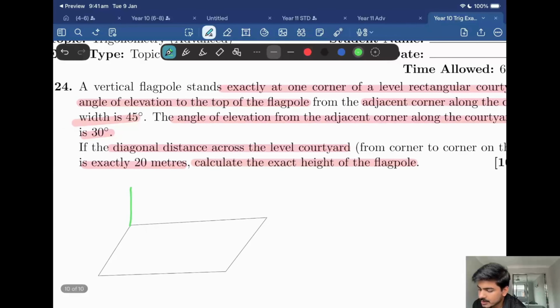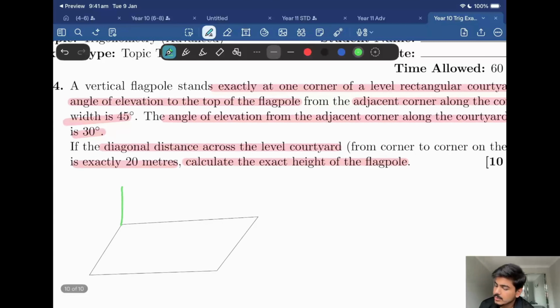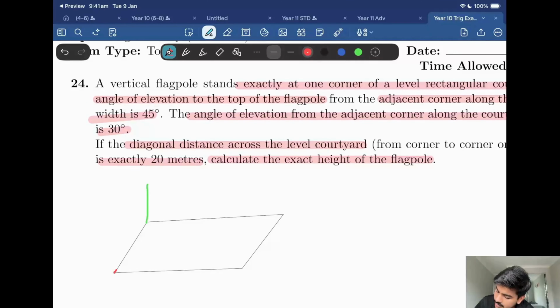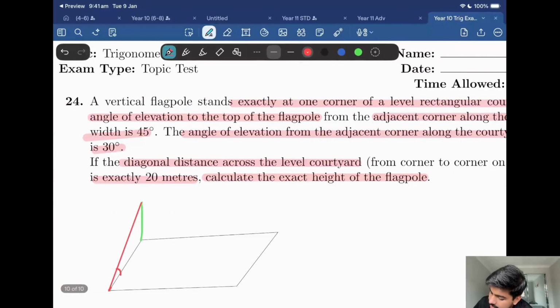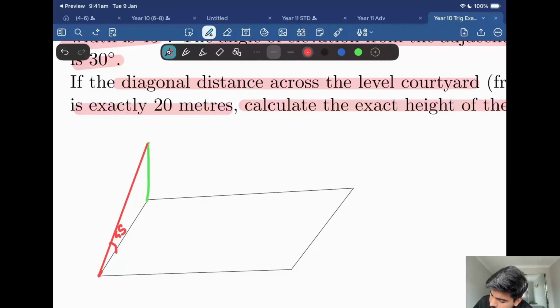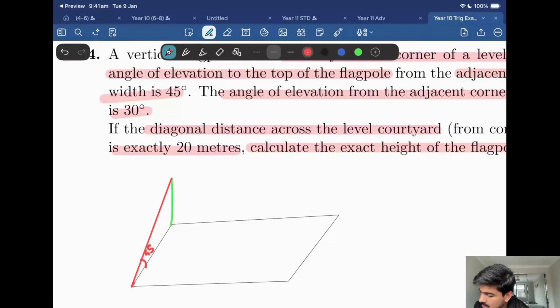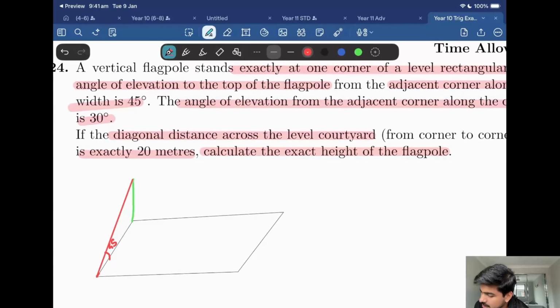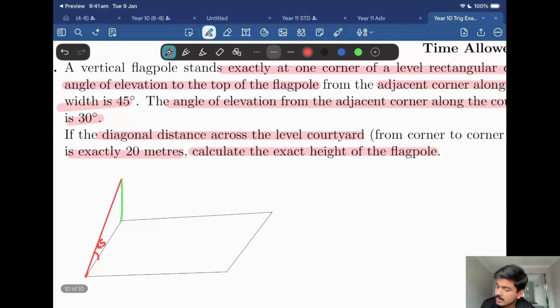The angle of elevation to the top of the flagpole from the adjacent corner, so from here to here, is 45 degrees. And the angle of elevation from the adjacent corner along the courtyard is 30 degrees, so this over here is 30 degrees.